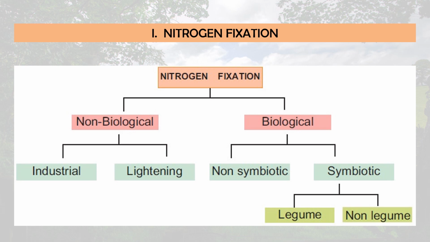So in case of non-biological or physical nitrogen fixation, we have industrial and natural process. And in case of biological nitrogen fixation, we have non-symbiotic or symbiotic process. So we are going to discuss one by one. First one is biological fixation of nitrogen.